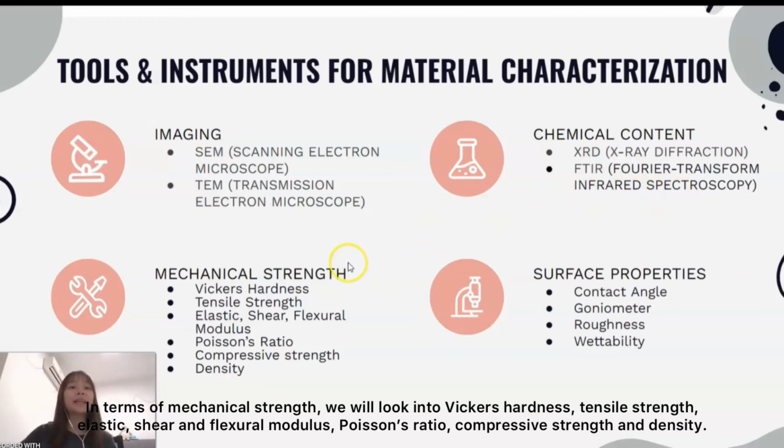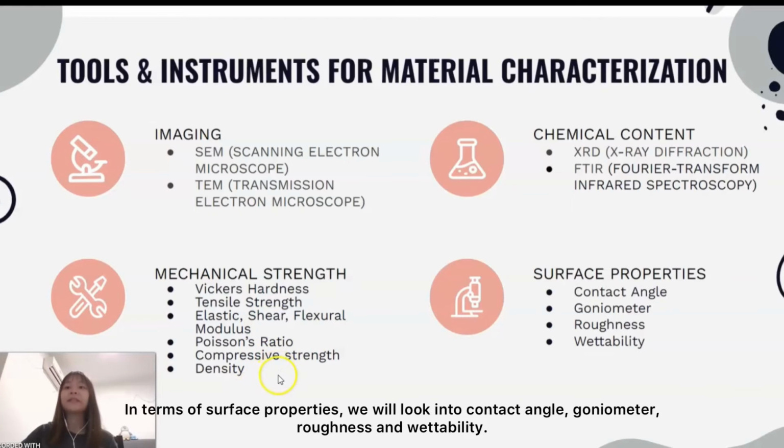In terms of mechanical strength, we will look into Vickers hardness, tensile strength, elastic shear, flexural modulus, Poisson's ratio, compressive strength, and density. In terms of surface properties, we will look into contact angle, goniometer, roughness, and wettability.